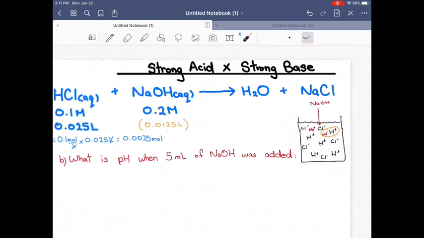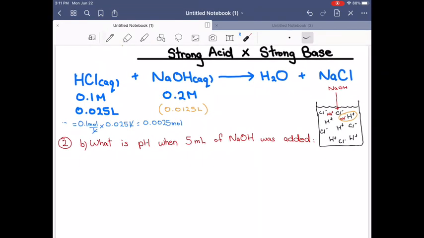All right, let's do part B. Now, I want to know what is the pH when 5 milliliter of NaOH is added. So I drew exactly what I meant to draw, that I dropped, let's say, 1 NaOH, and of course, you'll notice that one of the H became water. So if you think about it, do you have more H's or less H's now than before? Before we had 5 H's, right?